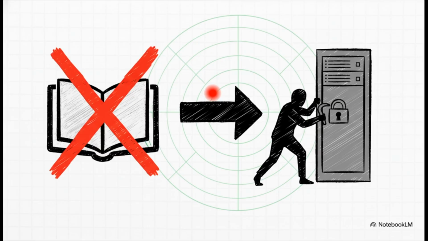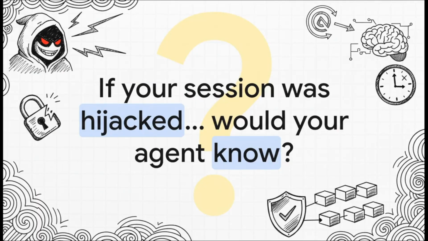It's a real, practical, high-impact threat that's happening out in the wild. If you are building any systems with MCP, this has to be on your security radar right now. So I'm going to leave you with one question to really think about. If an attacker hijacked your session and started issuing commands as your AI agent, would any of your systems even know the difference before it was too late?